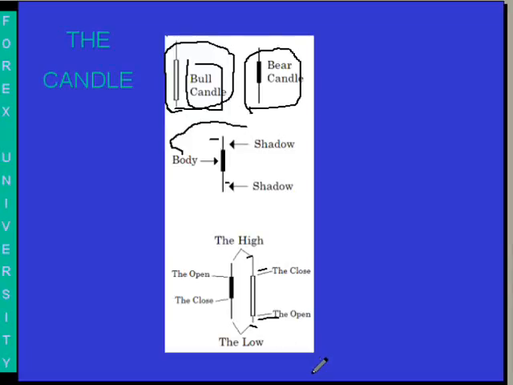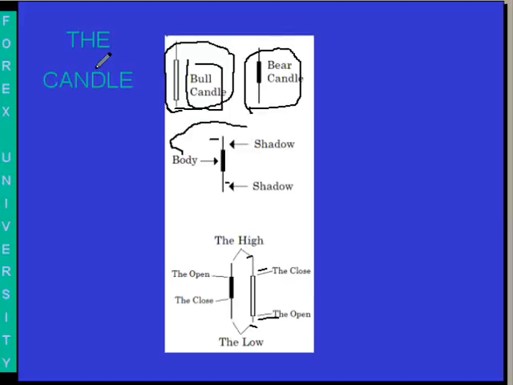Now, this gives us a little bit more of an edge visually when we're looking at a chart. At first, you might think that the bar chart is easier, but when you put this all together in a chart and not just the individual candle or bar, you'll see that visually you get a better picture of what's happening with the price.